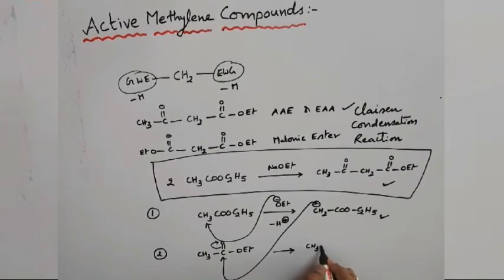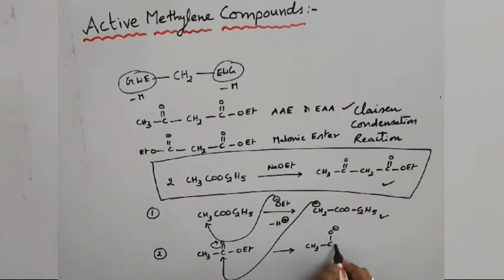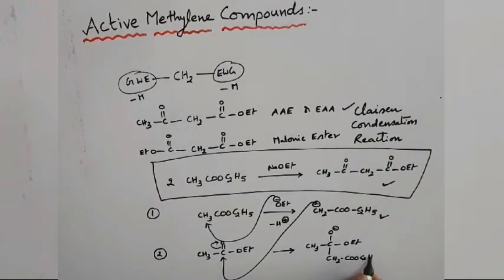So CH3, C, O-, OEt here, and at the bottom I have CH2COOC2H5. Okay, so this is the oxoanion intermediate.